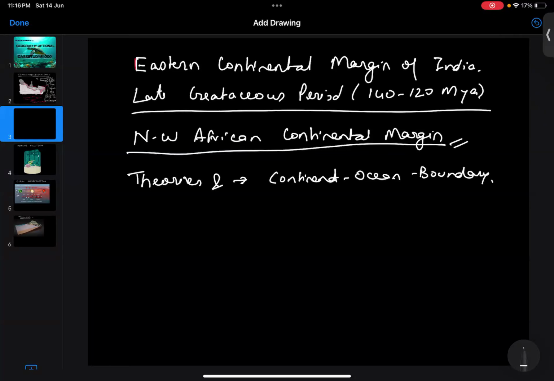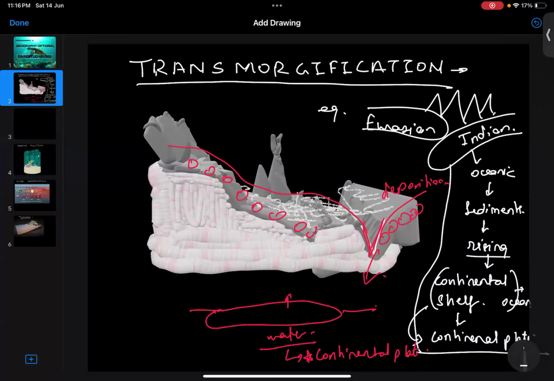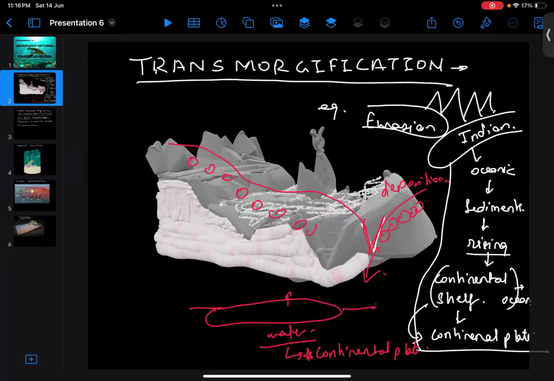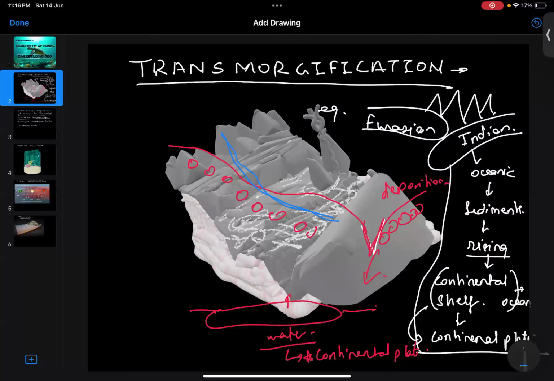This helps us understand how submarine canyons form. If water is flowing in this particular region, it will result in erosion of this region and form a deep incision.